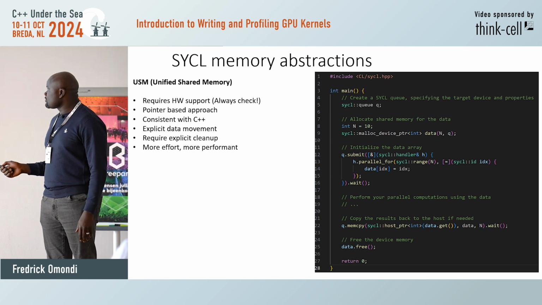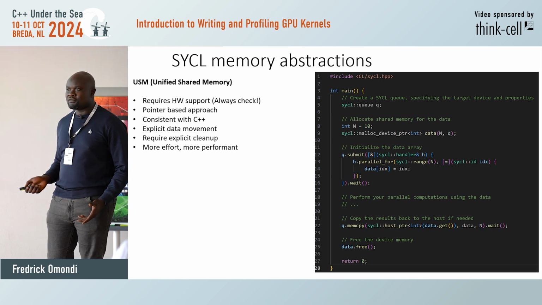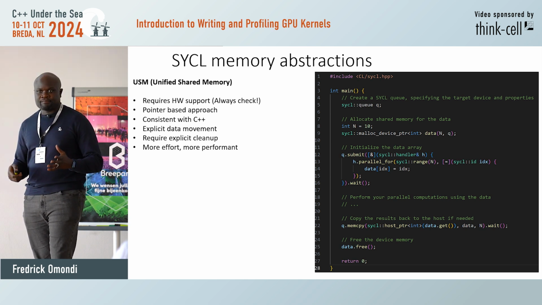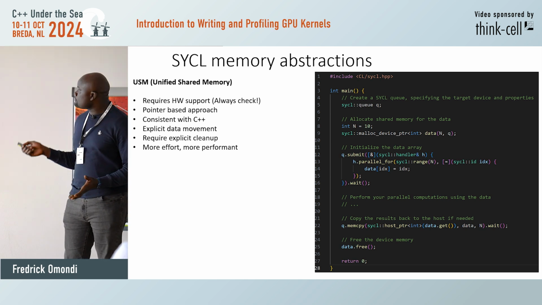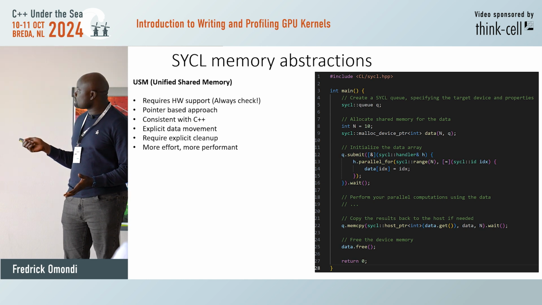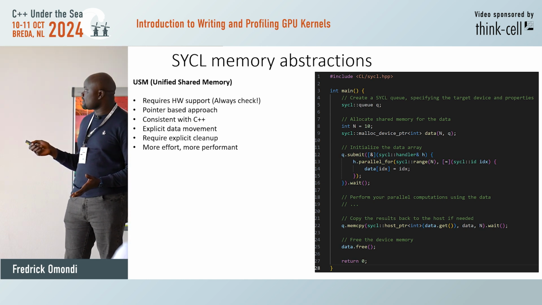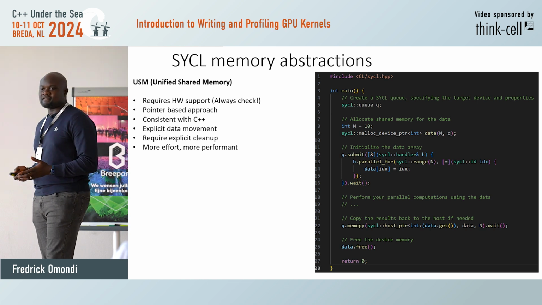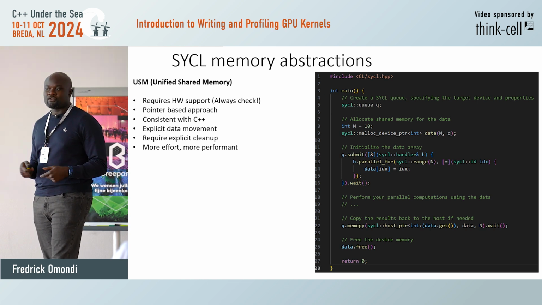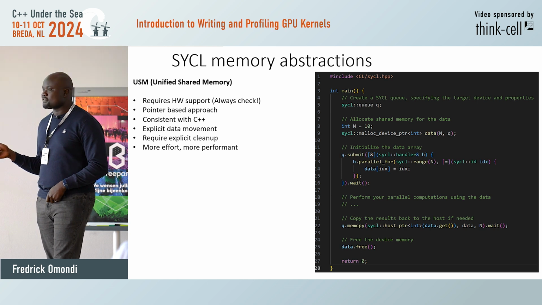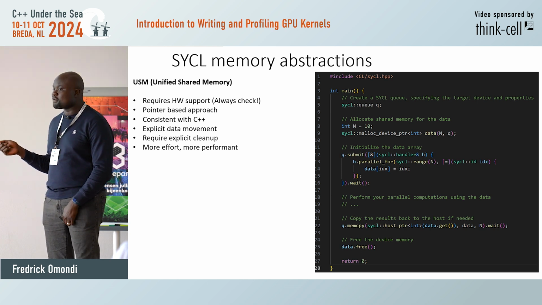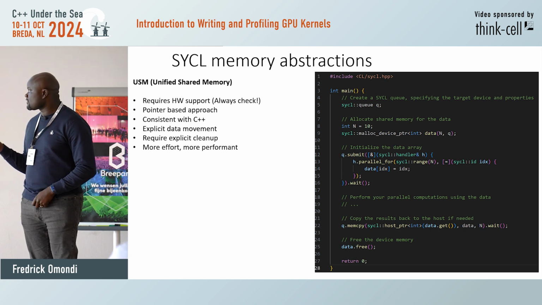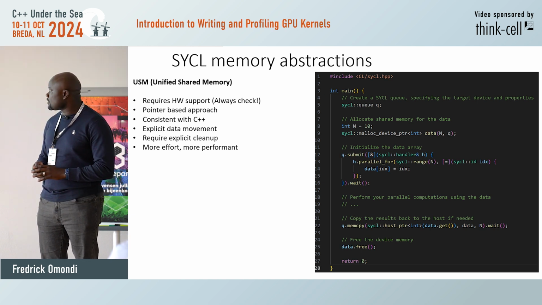It is also a pointer-based approach, which is consistent with how C++ or C handles data. One thing to take note about in unified shared memory: whereas most devices support it, some don't. So before you use it, it is always worth checking if this is supported by your device. And SYCL has an API that allows you to check if there's support for unified shared memory.